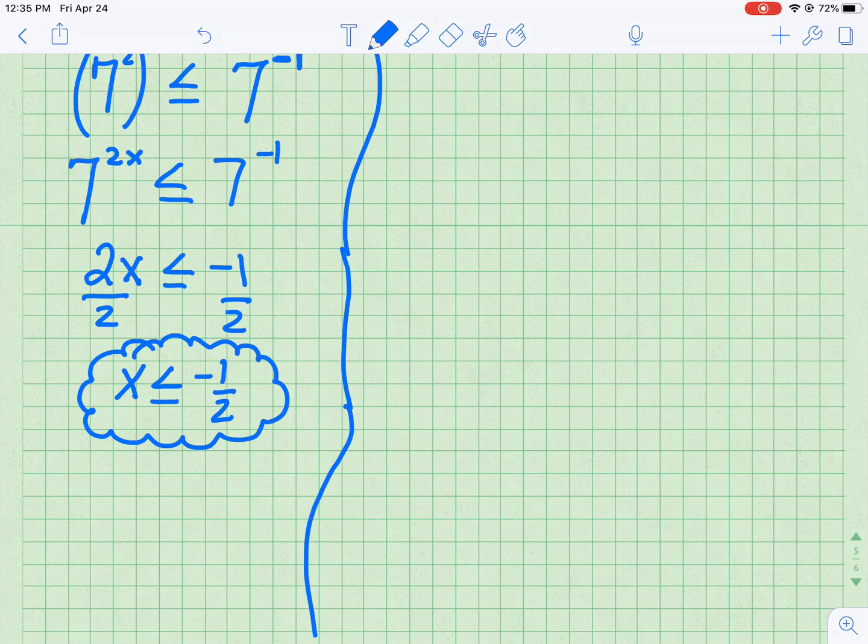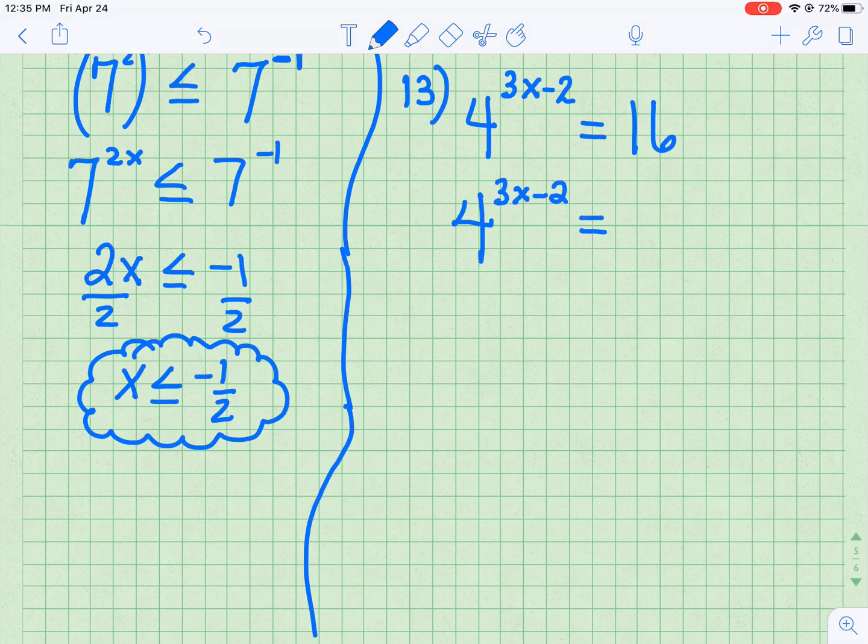Okay. So 13 is 4 to the 3x minus 2 equals 16. Sometimes you have to do both sides like we did in the last one. In this one, though, 16 can be broken down to a base of 4, so we can leave the 4. 16 can be written as 4 squared.